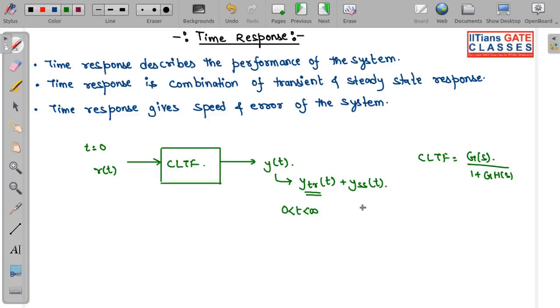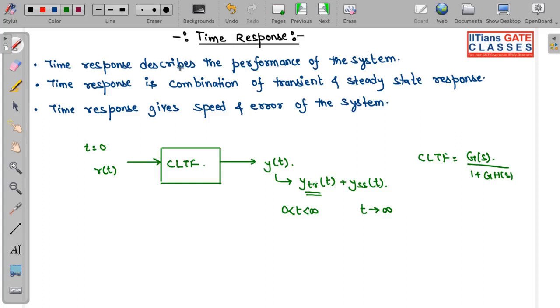The steady state part of the output is when we reach t tends to infinity, or you can say, after the output has settled after a considerable amount of time, that is known as the steady state output.